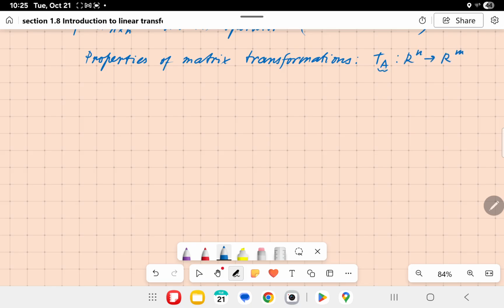Here, guys, A means that it's a transformation which is using a certain matrix A, right? Well, property number 1. What is TA of a 0 vector? Well, we know that any matrix multiplied by 0 is 0.